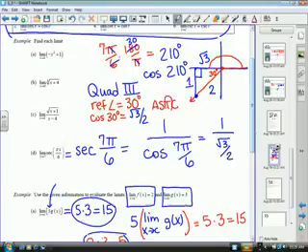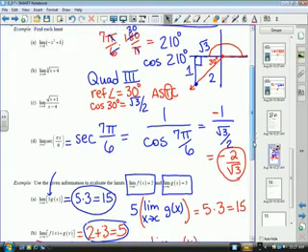So we're in the third quadrant. What's positive? Tangent's positive, so that means sine and cosine are negative. Okay, then we need to flip this, do the reciprocal, and there's the answer.